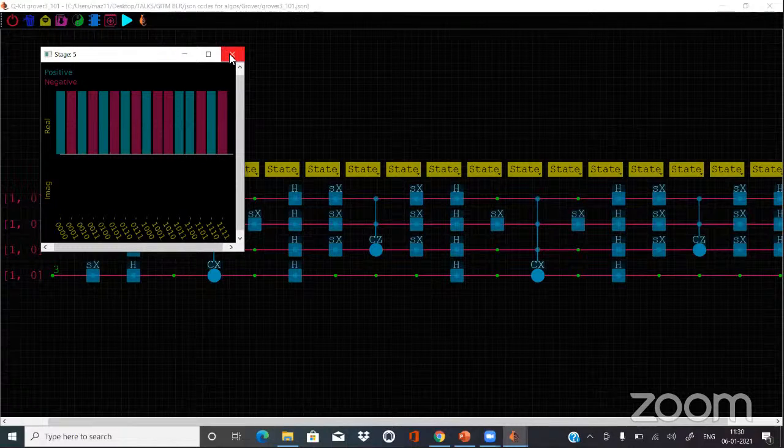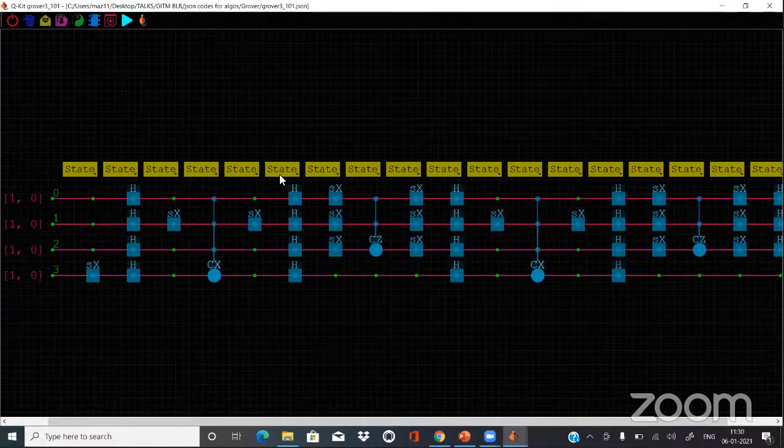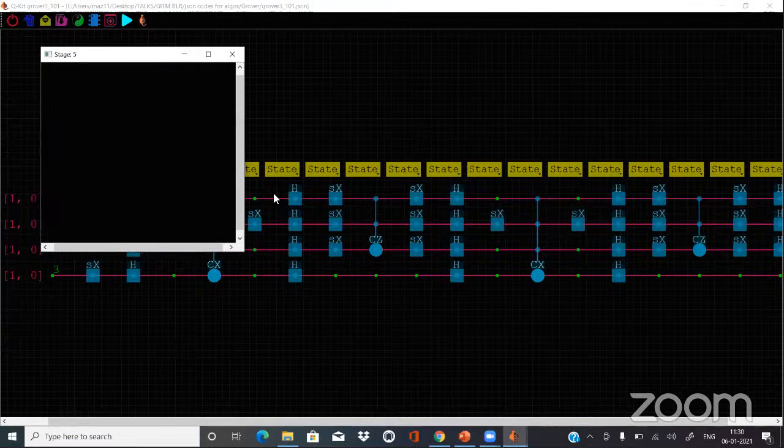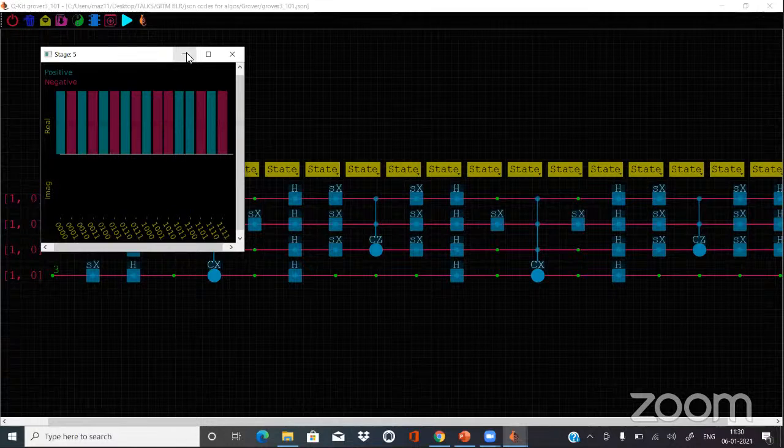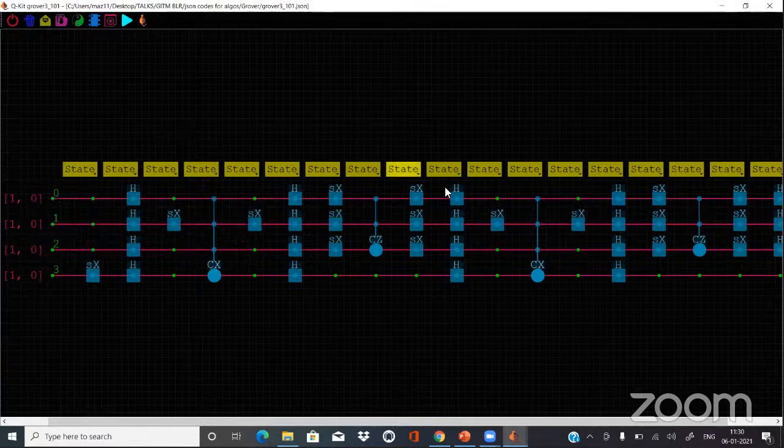Now the second operator: after this operator implementation, what should happen? The amplitude of the desired state should increase and the others should decrease.